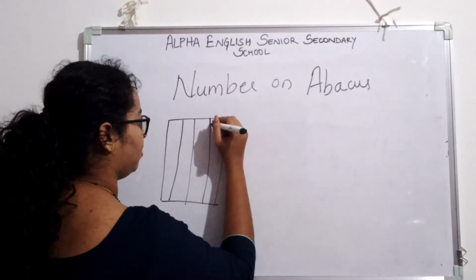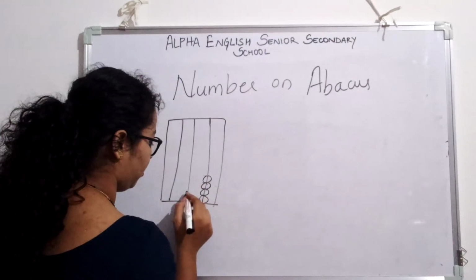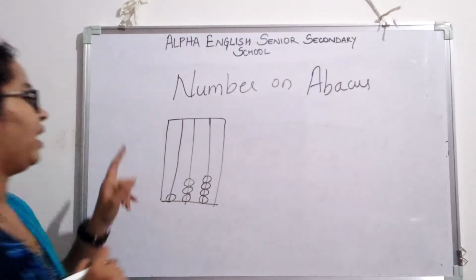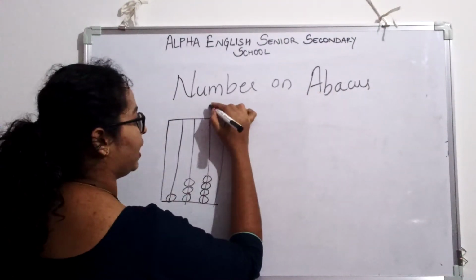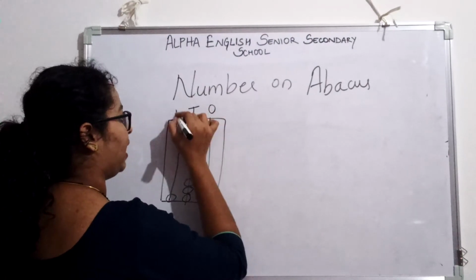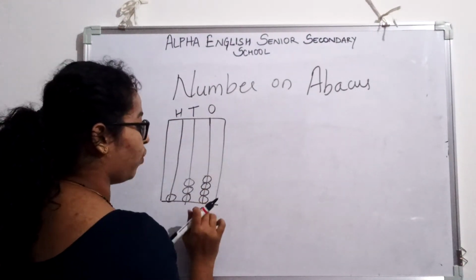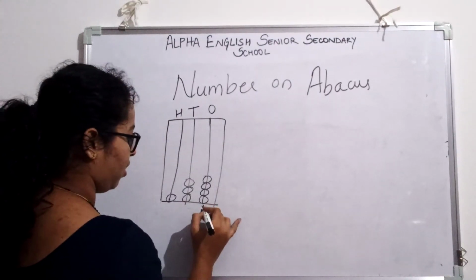Let's take 4 beads in the first string, 3 beads in the second string, and 1 bead in the third string. Just start labeling ones, tens, and 100. The ones string has 4 beads, that means 4.